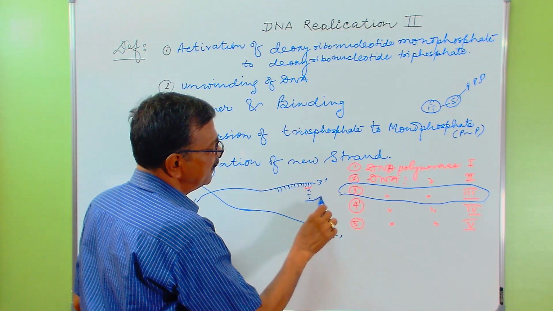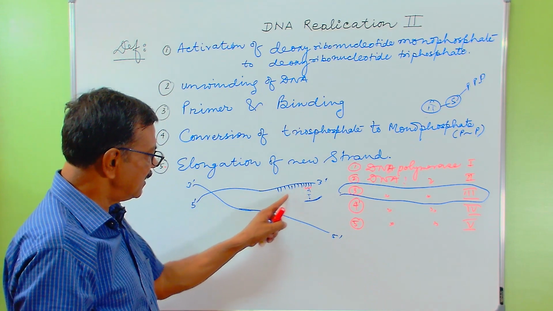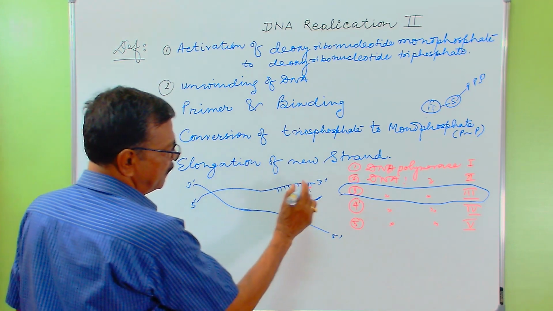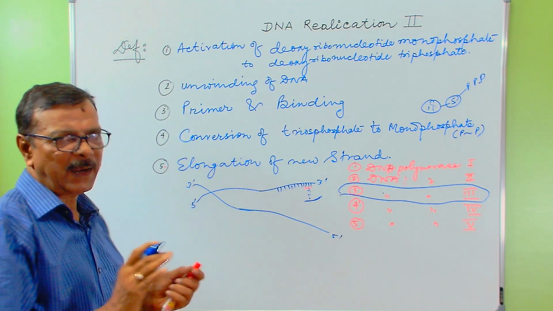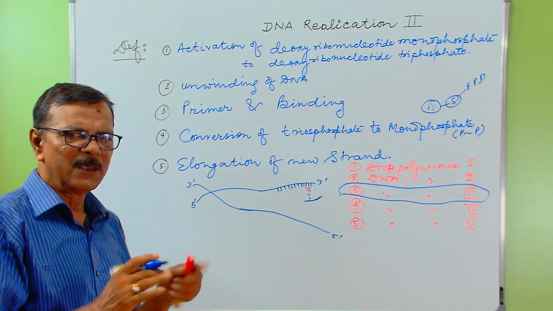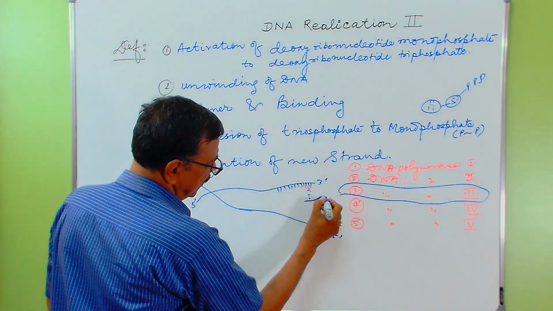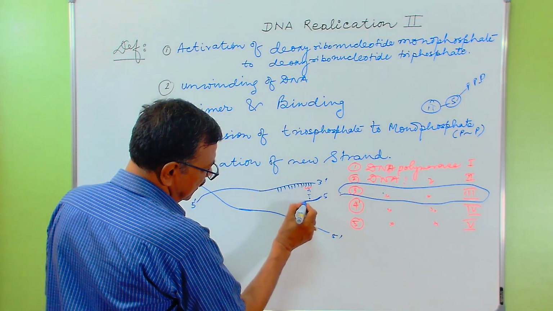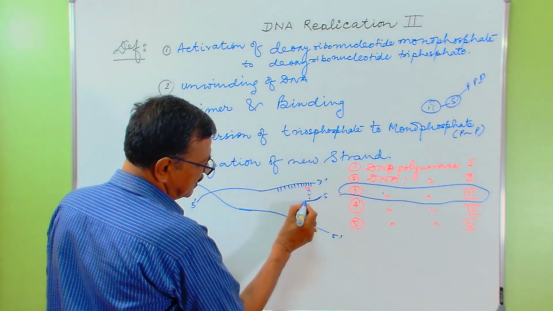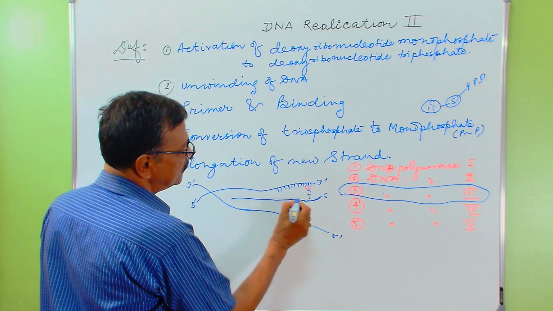It will start from here itself. So there is a single strand coming. It can act from 5 prime to 3 prime. That we know from earlier also. So it starts from 5 prime and one primer is enough to continue this.